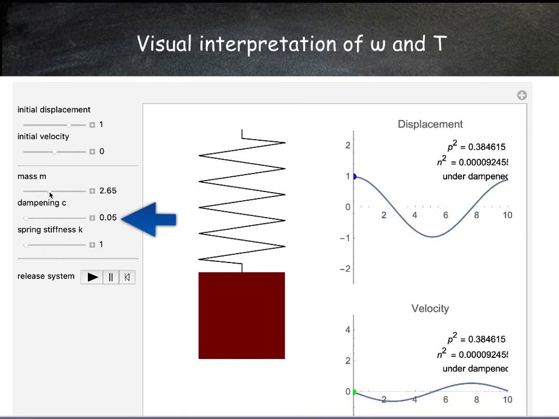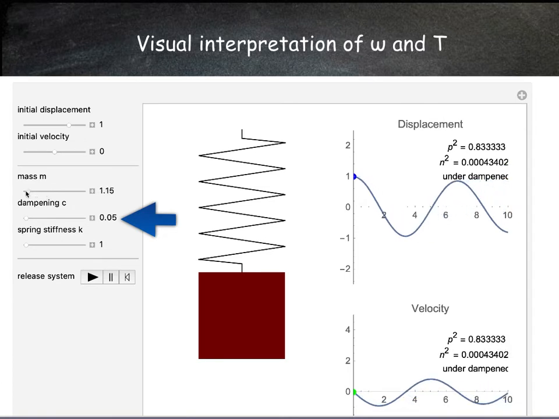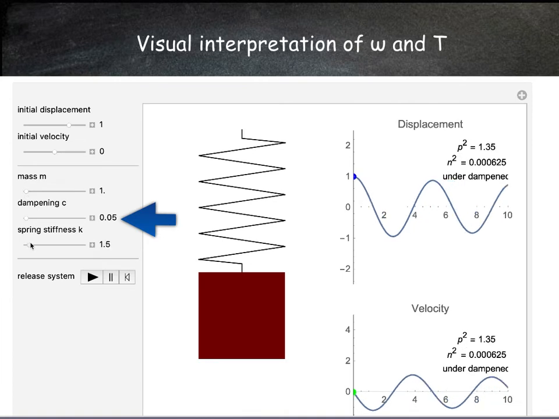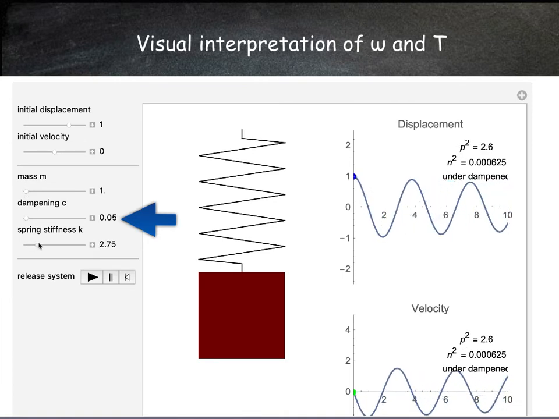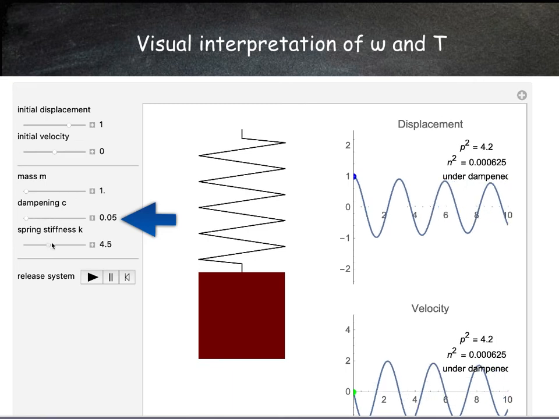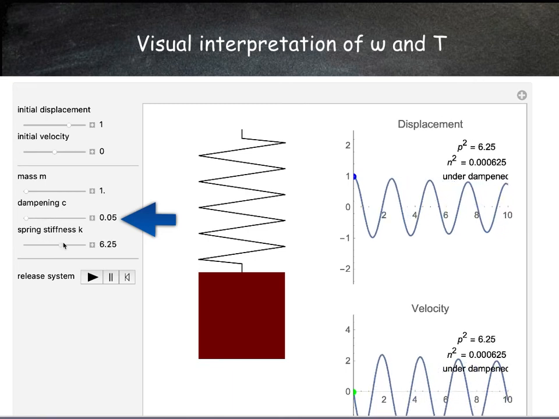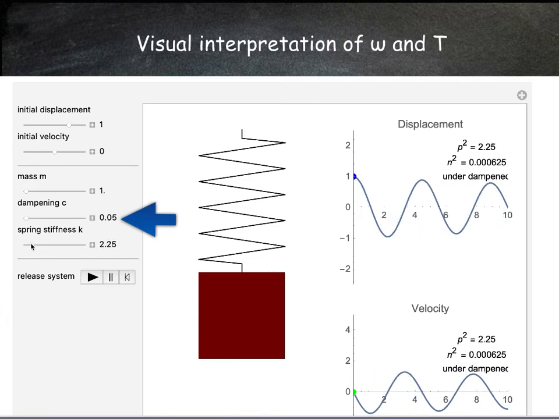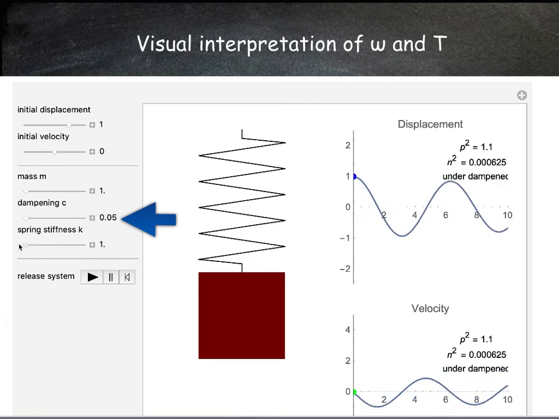As we further increase the damping factor, we end up with a process that does not even oscillate. You can think of a revolving door. When you give it a push, it will rotate, say, a couple of times until it stops. However, if the damping factor of this revolving door is very high, then the door will not even make one full oscillation until it comes to a full stop.